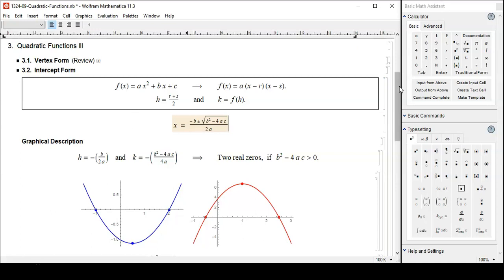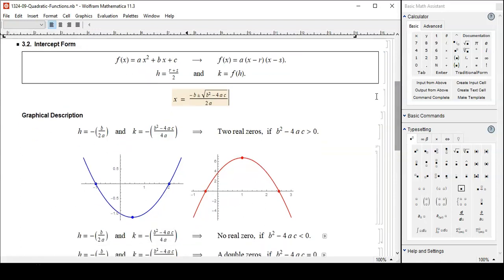So generally we have two solutions, plus square root, minus square root, if the square root is well defined. And that's when we have two real roots like this.